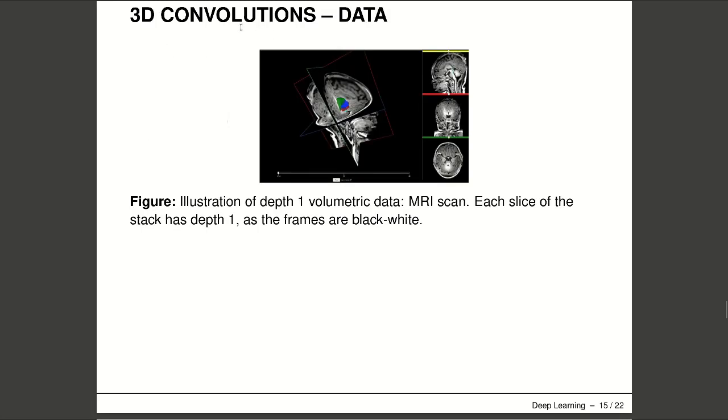information. In this figure, on the right side, you can see the illustration of the depth of one volumetric data. Here is the MRI image of the brain, and the task is to semantically segment the tumor area.